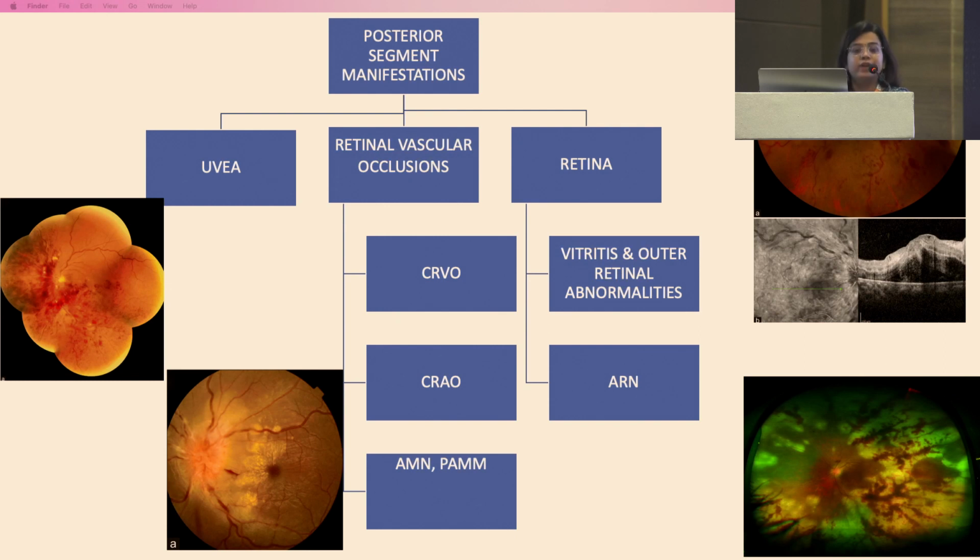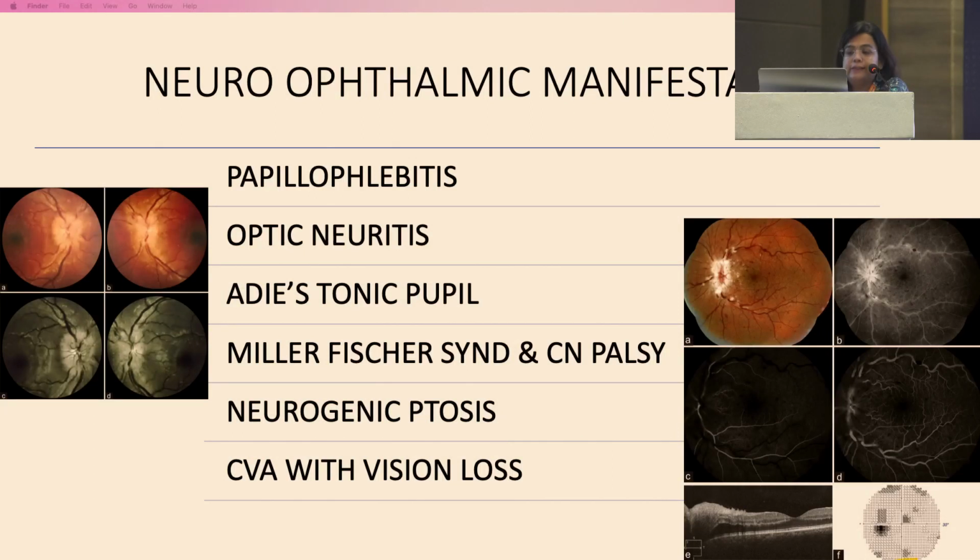So it majorly affects the arteries and the veins in the form of central retinal vein occlusion, central retinal artery occlusion, acute macular neuroretinitis, and paracentral acute middle maculopathy. Other retinal manifestations reported in literature were acute retinal necrosis and vitritis and abnormalities of the outer retinal layers.